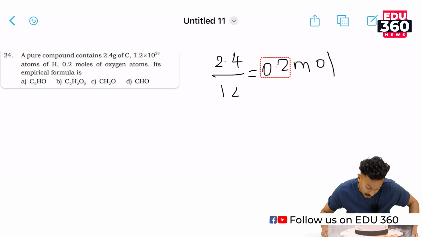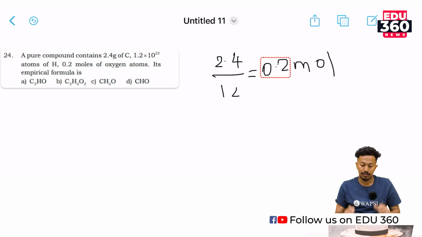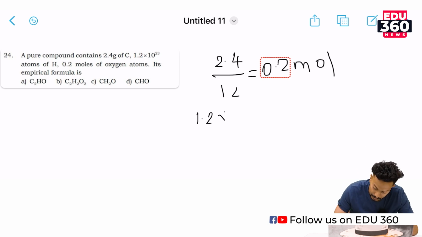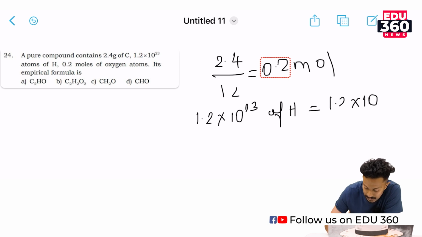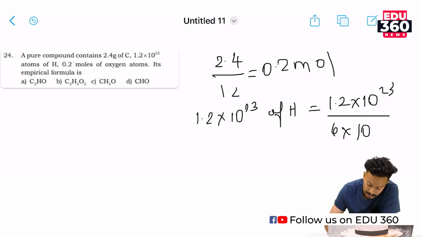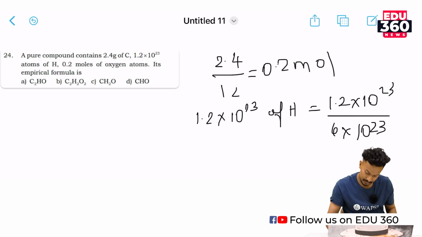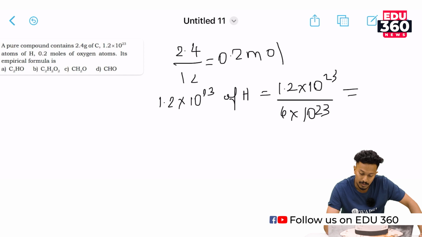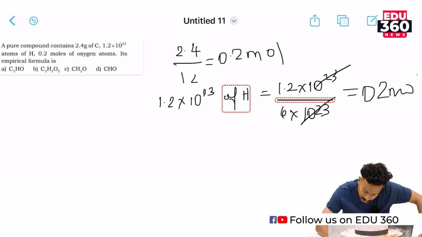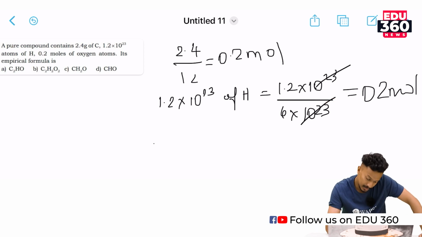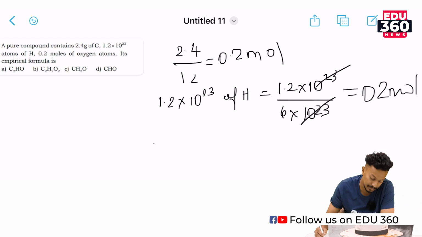For hydrogen, 1.2 into 10 raised to 23 divided by 6.022 into 10 raised to 23, simplifying to 6, gives 0.2 mole. And there are 0.2 moles of oxygen atoms.